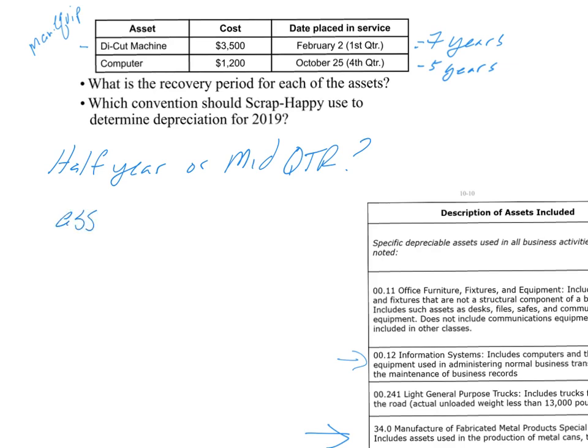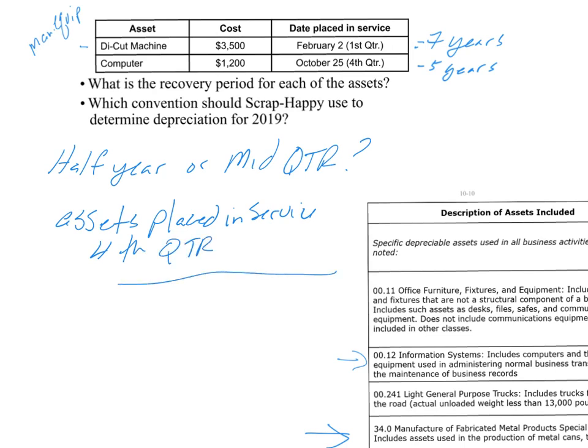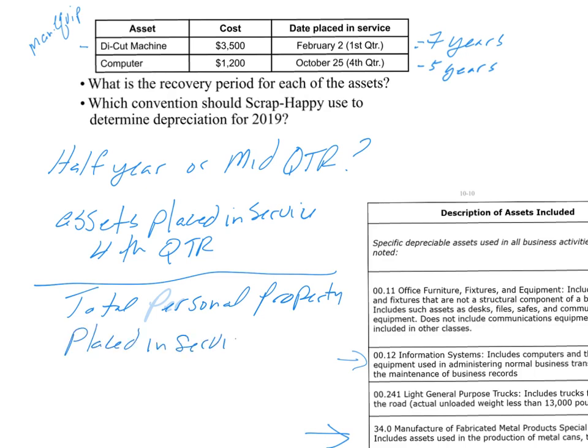The formula is assets placed in service in the fourth quarter divided by total personal property placed in service that year.